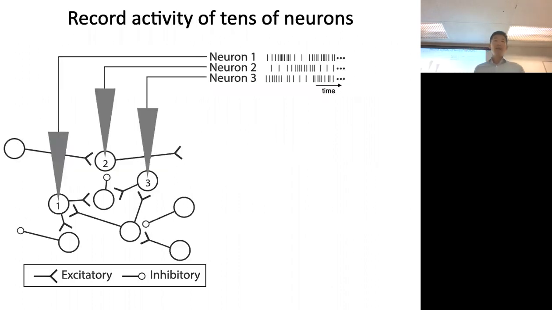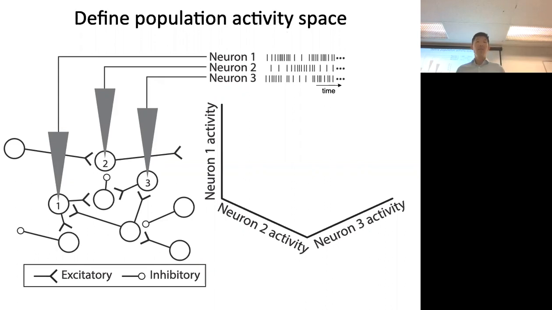Here is the setup, or here's how we think about the population activity. This is a cartoon where we're recording from 3 neurons. In the actual experiments, we're recording more like 100 neurons. We can then define this population activity space where each axis represents the activity level of one of the neurons we're recording.